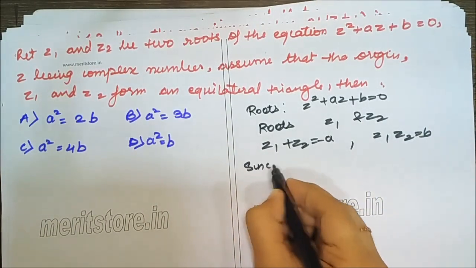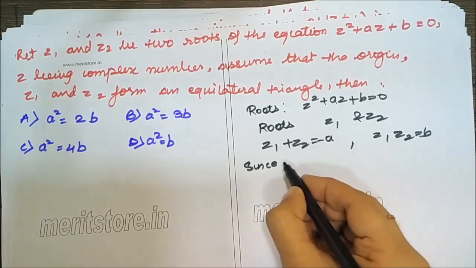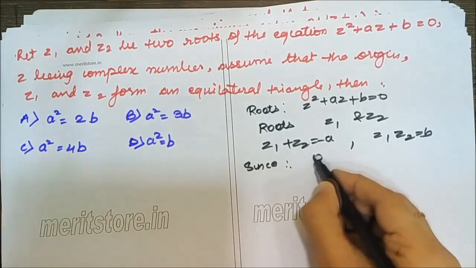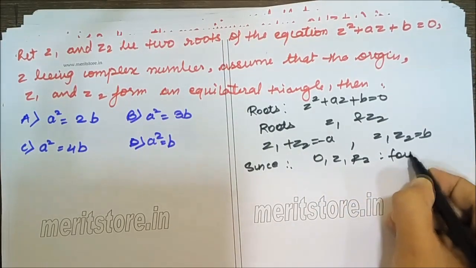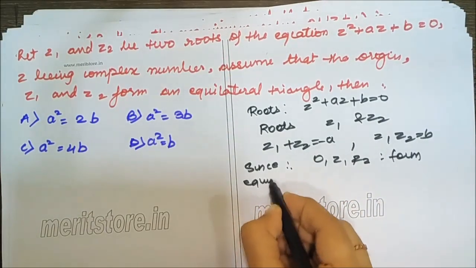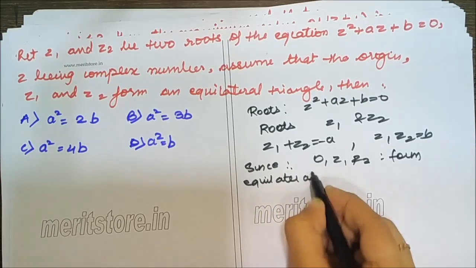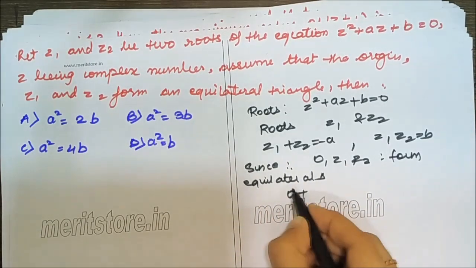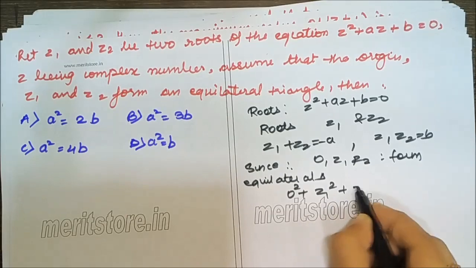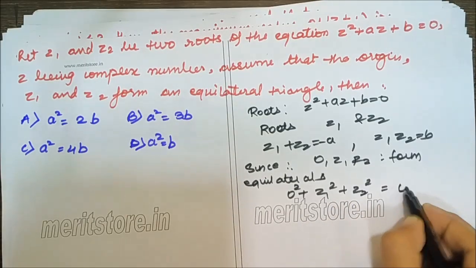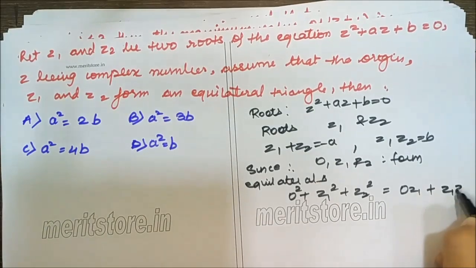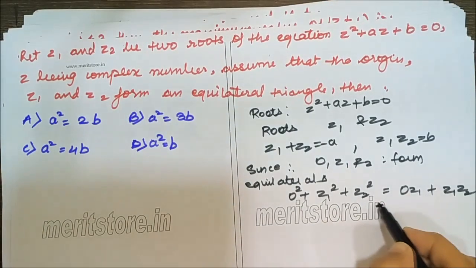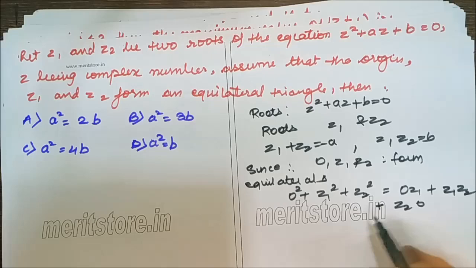Now since the origin, z1 and z2 form an equilateral triangle, 0 square plus z1 square plus z2 square is equal to 0 z1 plus z1 z2 plus z2 0.